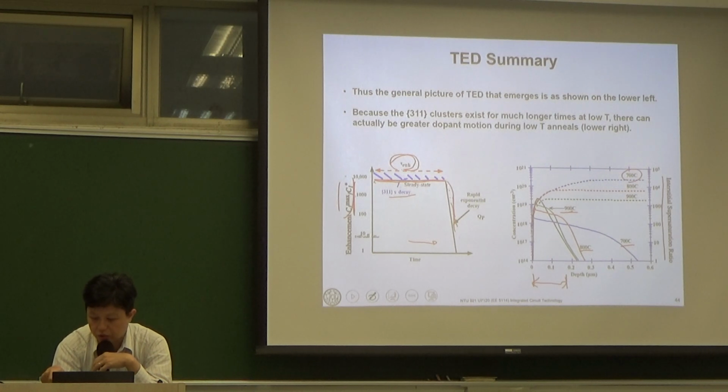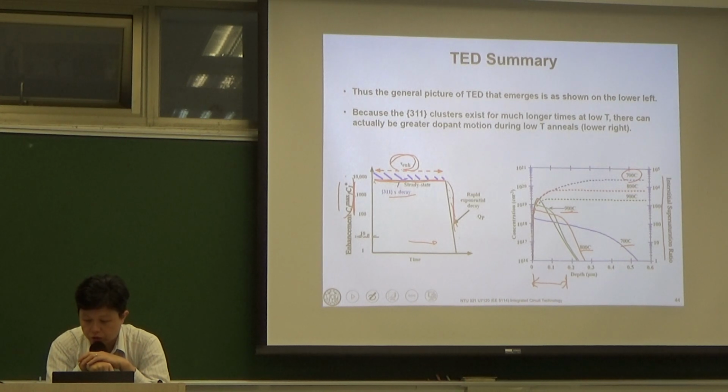For 700 degrees C, the interstitial defects can exist longer, and the ratio is larger, so that causes the enhancement factor to increase your diffusion constant.